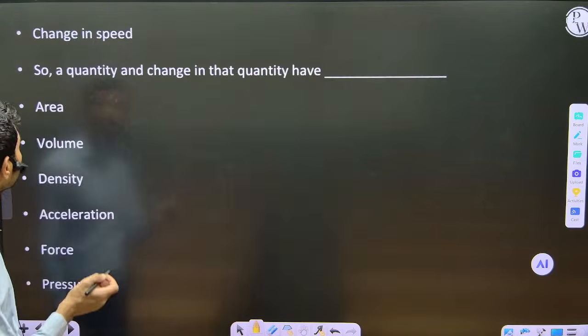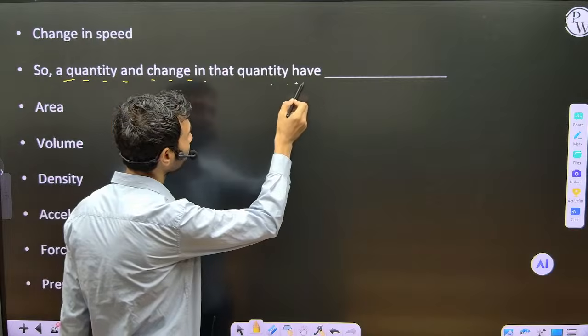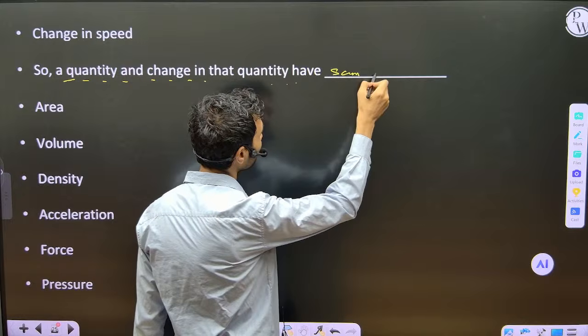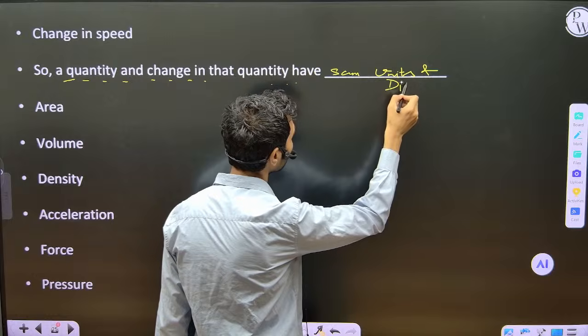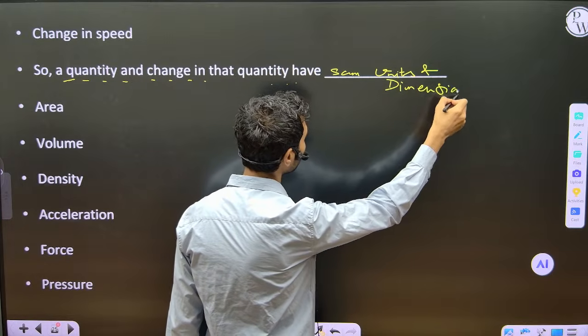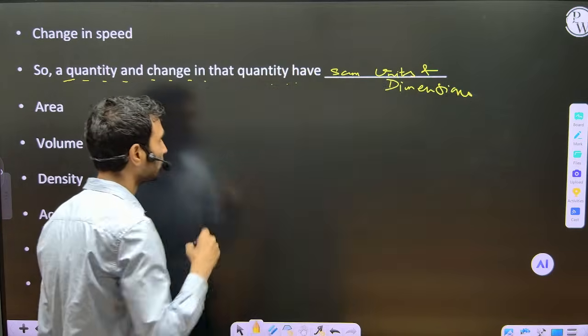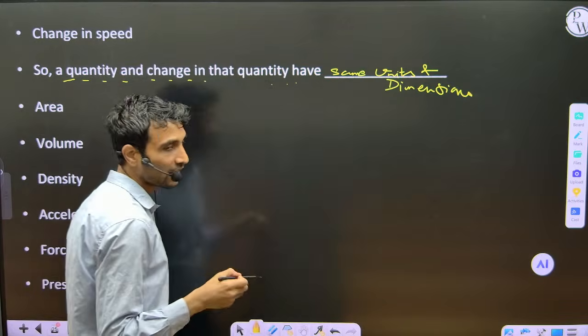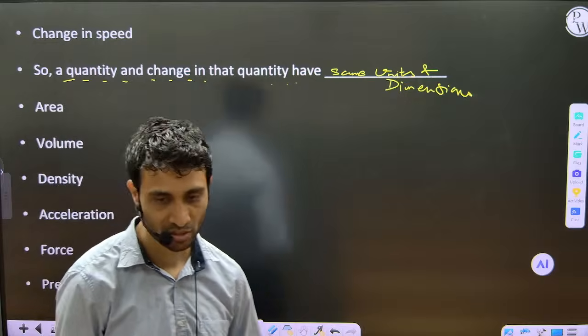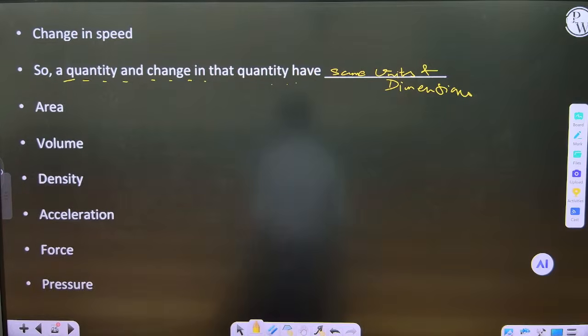So a quantity and its corresponding change in that quantity have the same unit, and not just the same unit, the same dimensions as well.